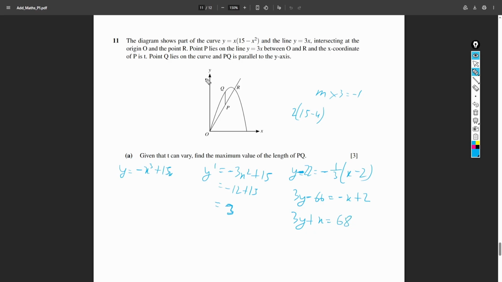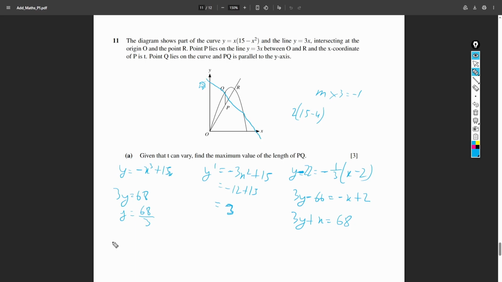Okay, so we found the equation of this line, and this line goes through the x-axis and y-axis, to create the s and t, right? We'll check that later. Anyway, we need to find the intercepts of this point. First we set x to 0, so 3y equals 68, and y is equal to 68 by 3.